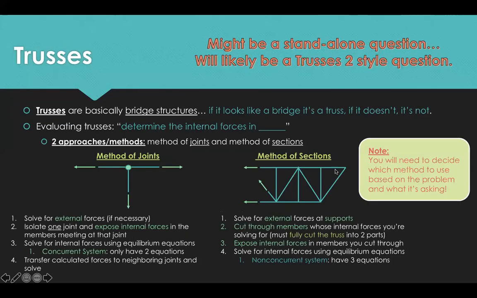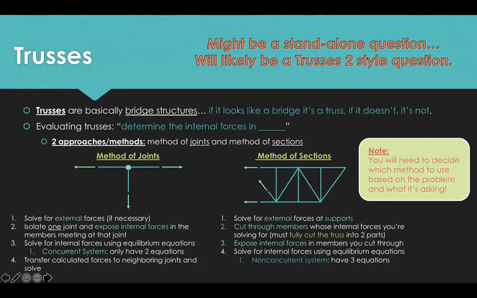So if there is a pin on this side and a roller on the other side, and you're looking at external forces, so none of these arrows would be here, and nothing hanging off of it, by inspection your X reaction at this pin would be 0 because there's nothing restricting the X in this side. So you don't actually have to set up the equation and do all the math just to say that I know this is 0 right off the bat.